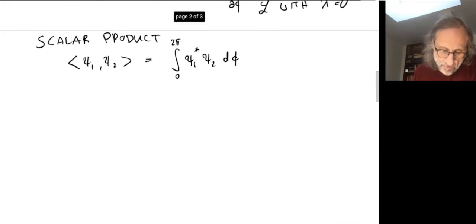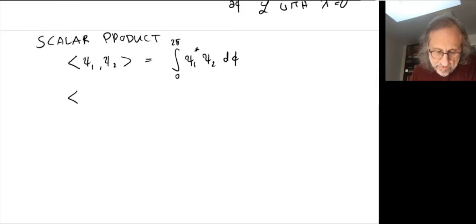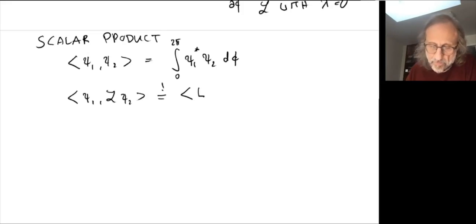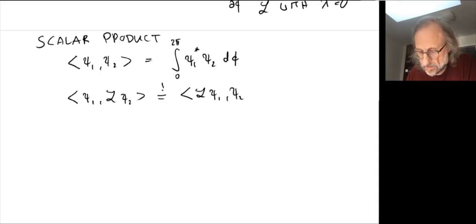And so self-adjoint would mean that if I apply L, not this L, curly L, to the right guy, it would have to be the same as if I apply it to the left guy. If self-adjoint. That's the definition of self-adjoint.